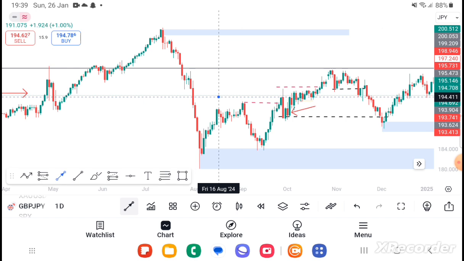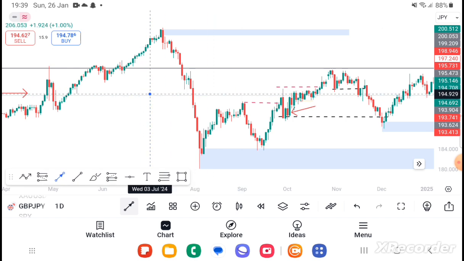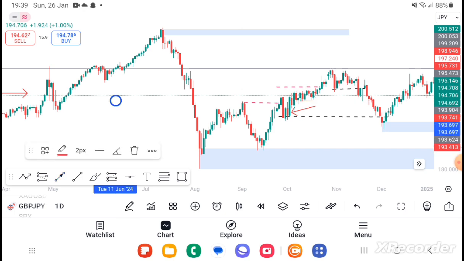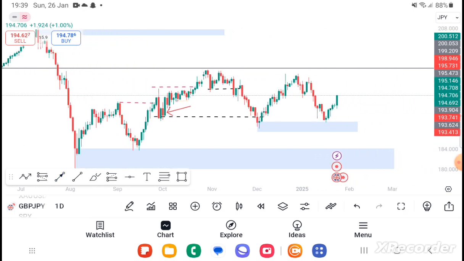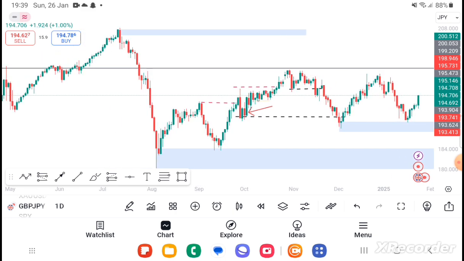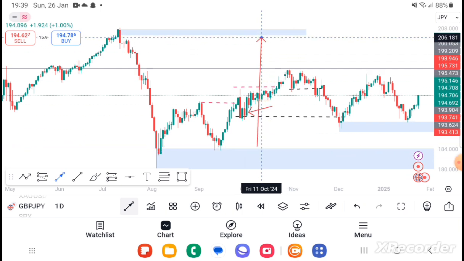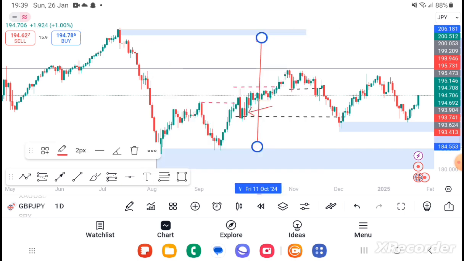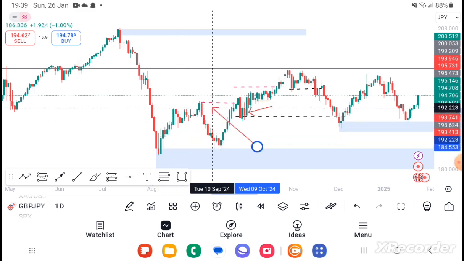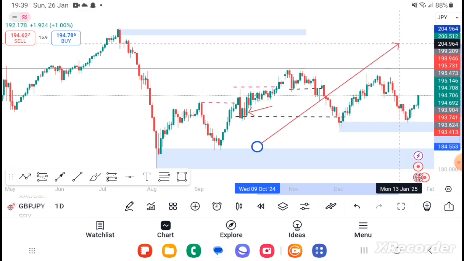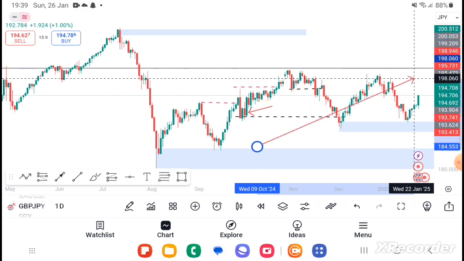Okay, so ultimately price is going to head from the bottom all the way to the top here, right? But look at how price has been dancing around. Price was dancing around from here, came down, went up, came down, went up, right? Now it's here again.